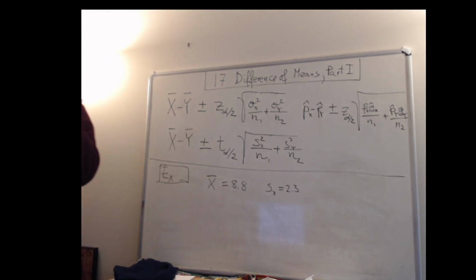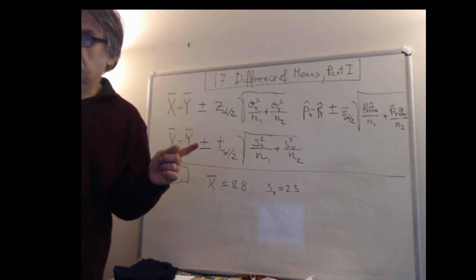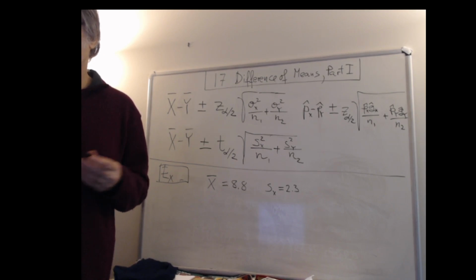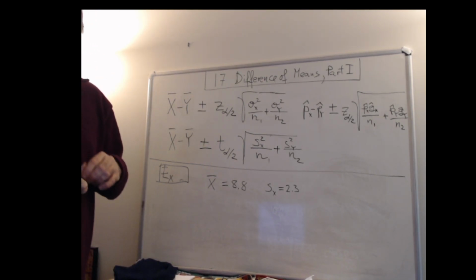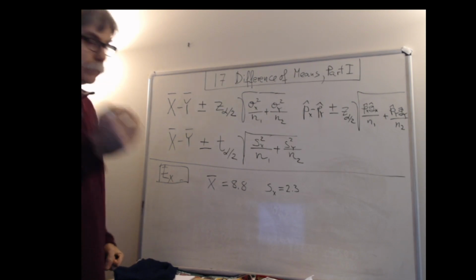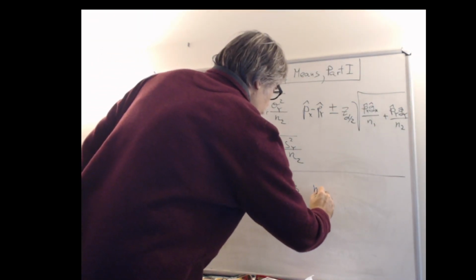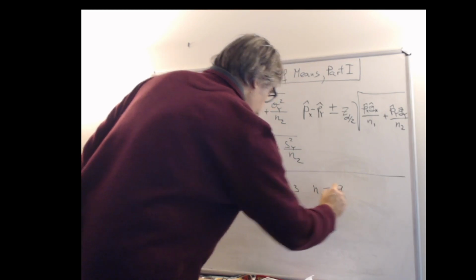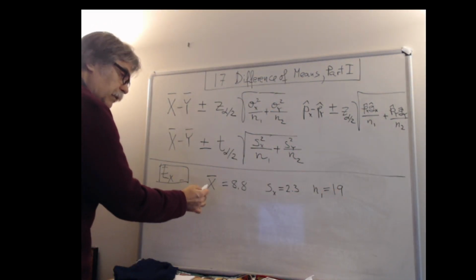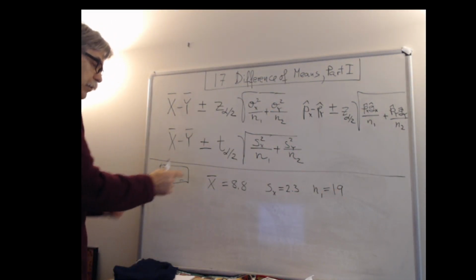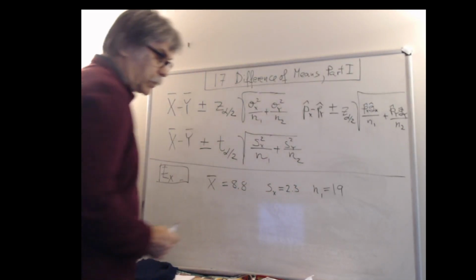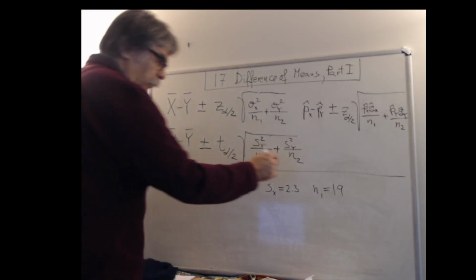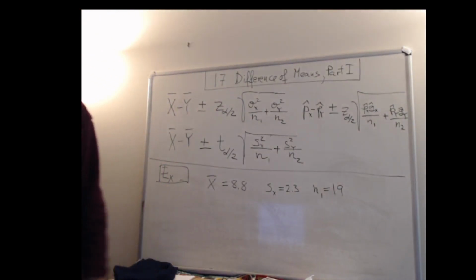Okay? So I don't know the population standard deviation, right? You can see that. And the number of birds in that group was 19. Okay, so the mean wingspan of the birds in the first group was 8.8 inches, the sample standard deviation was 2.3 inches, and the number of birds in that group was 19.